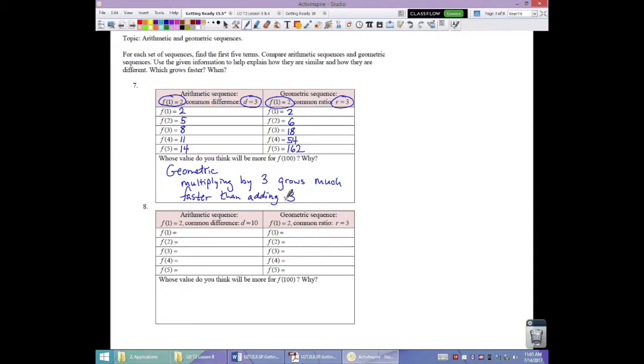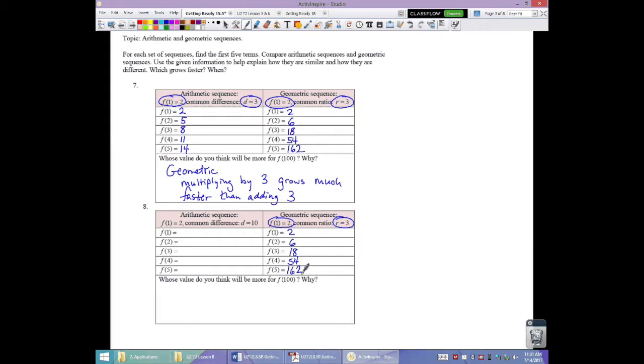All right, so if we take another arithmetic sequence, this time our common difference will be 10. And we're going to keep the same exact geometric sequence we had above. So f of 1 is 2 and our common ratio of 3. So we can go ahead and fill that one in, just copying from number 7.